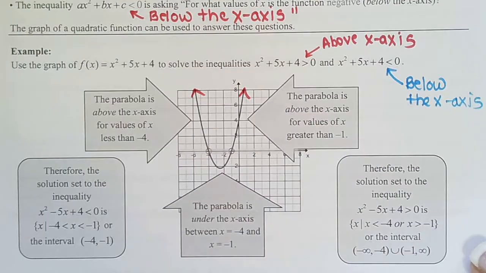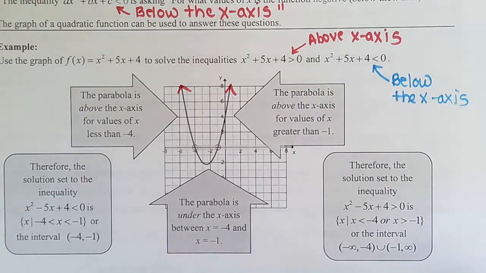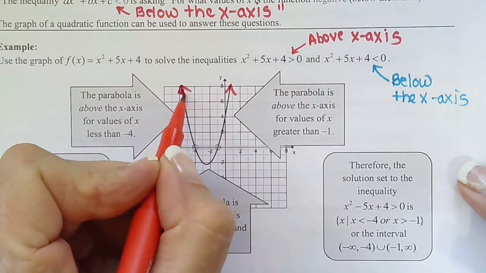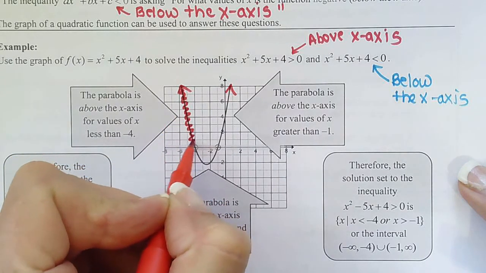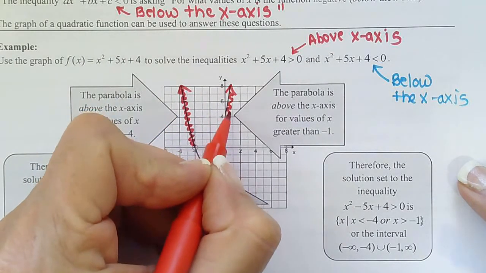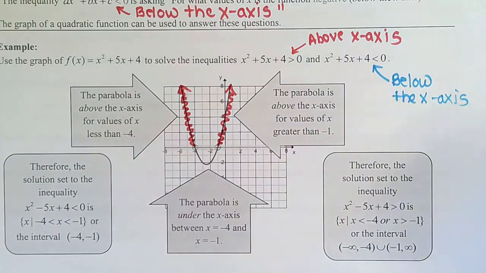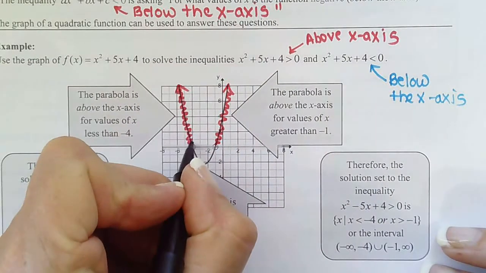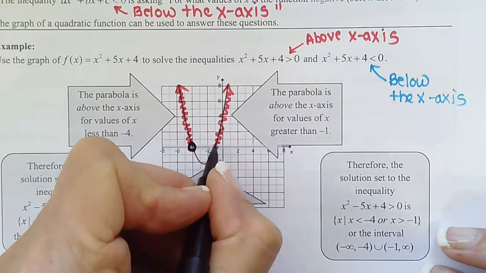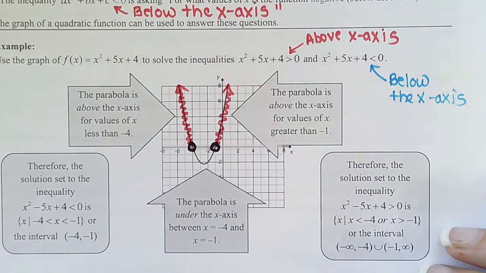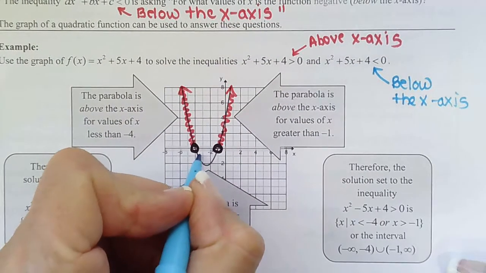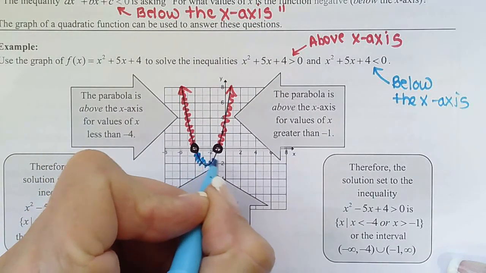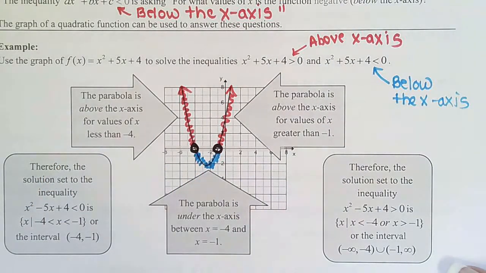Okay, so greater than is above, less than is below. So let's look at the part of the parabola that's above and below. So this is above the x-axis, and this is above the x-axis. And there's no equal sign, so generally when there's not an equal sign at the x-axis, we put open circles. And the part below the x-axis is right there.